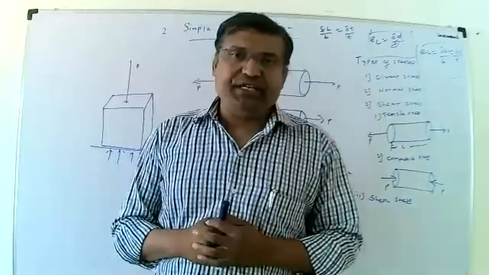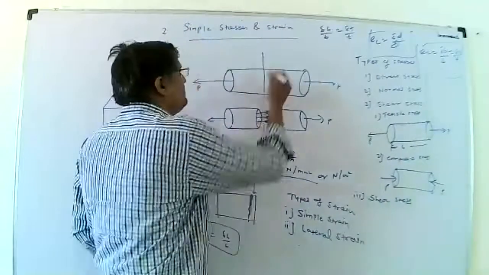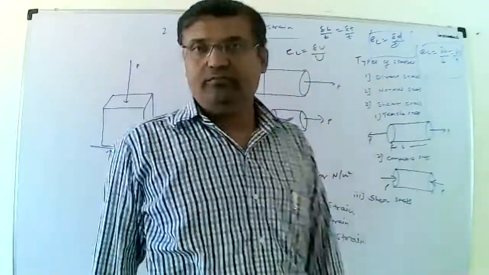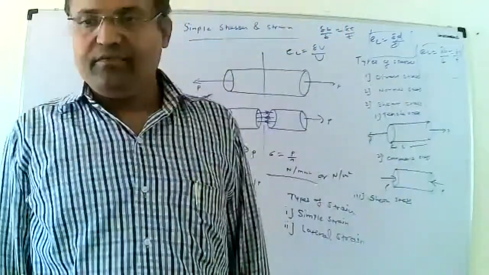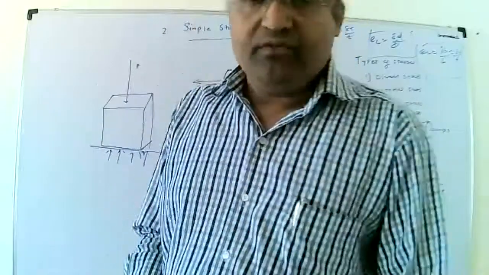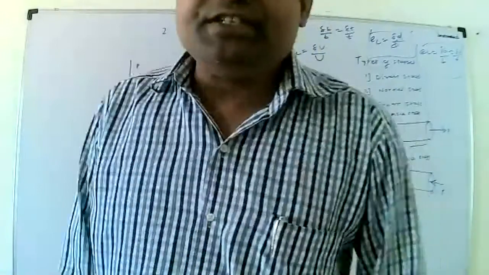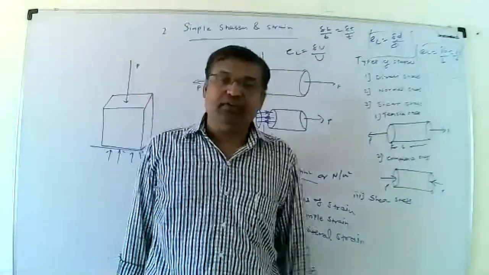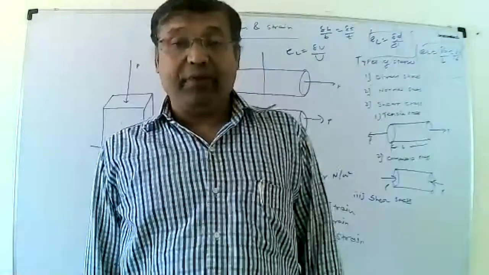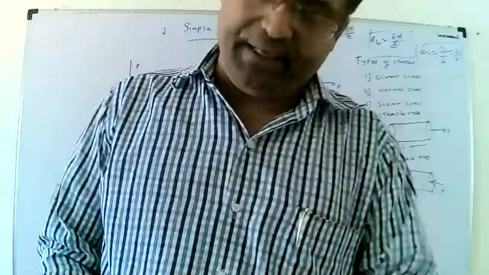Volumetric strain is defined as the change in volume to the original volume, delta V upon V. A very simple way to define it: volumetric strain is the ratio of change in volume to the original volume. Mathematically it is represented by EV, that is equal to delta V upon V.